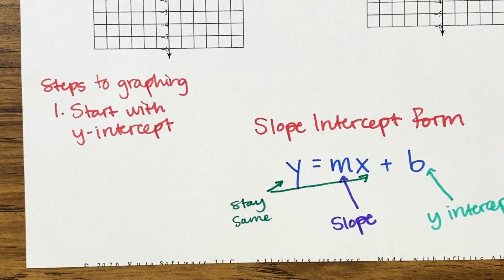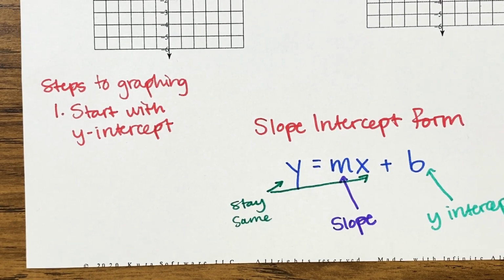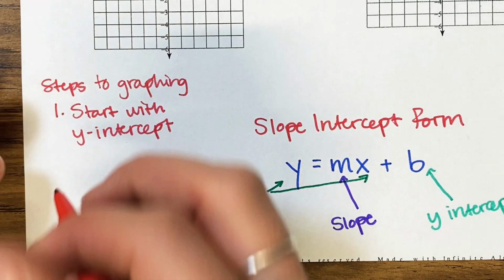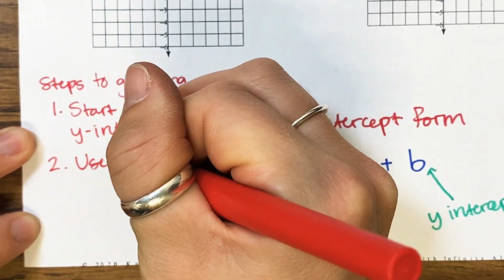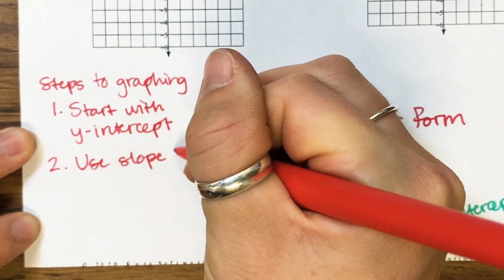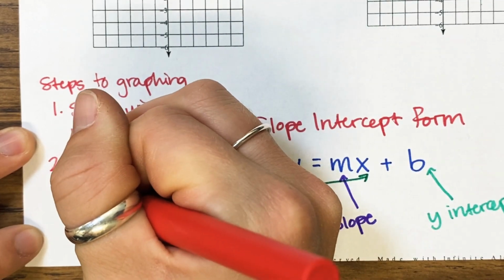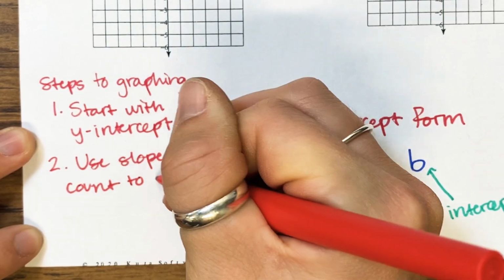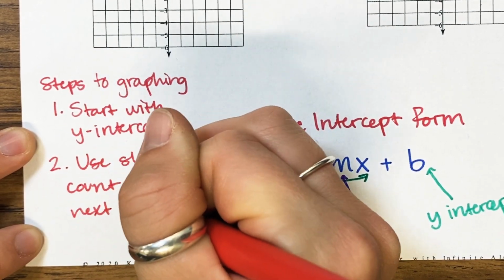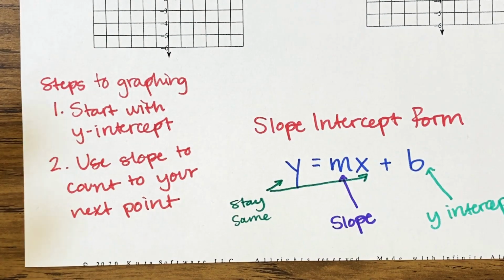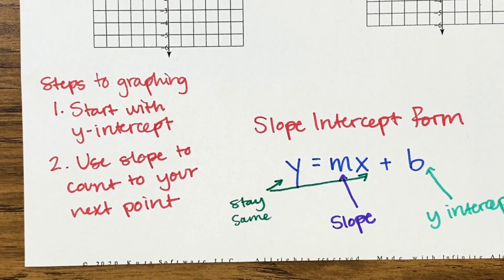That's like your starting point. Then your second step, use the slope to count to your next point.